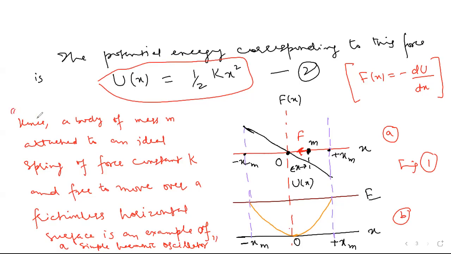I repeat, a body of mass m attached to an ideal spring of force constant k and free to move over a frictionless horizontal surface is an example of a simple harmonic oscillator.